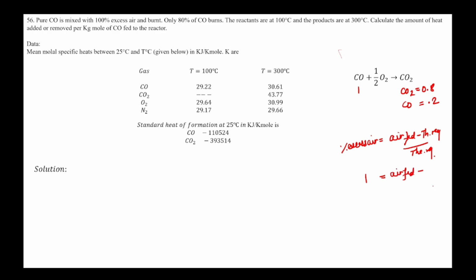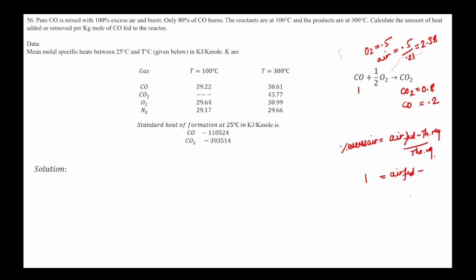So the theoretically required air: in the reaction, O2 theoretically required is 0.5. So air theoretically required is 0.5 divided by 0.21, which is 2.38.